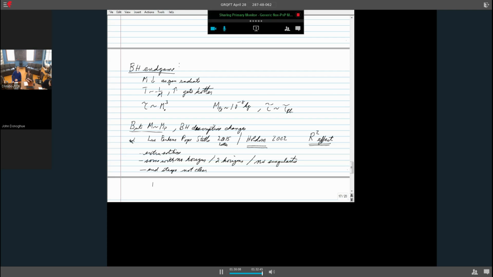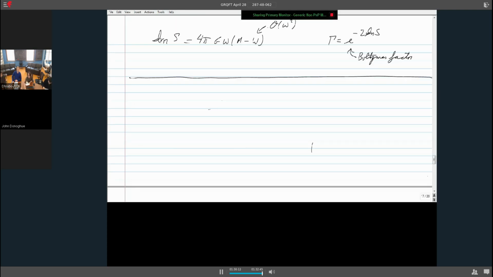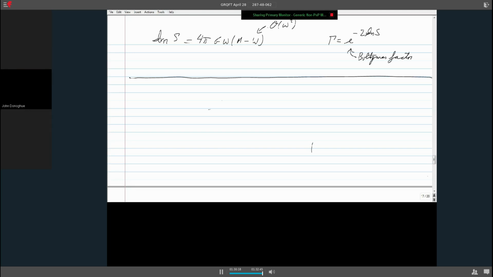So these are all the possibilities. The end stage is not certain at all from this. So the statement that the black hole actually evaporates completely is not at all clear. It may actually lose its horizon as you get to the end game.